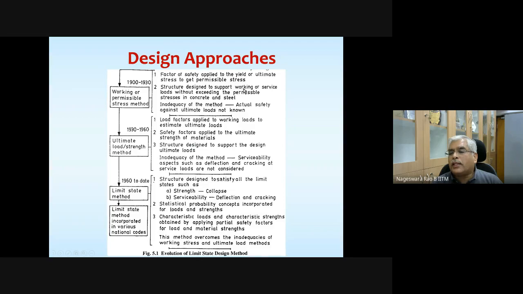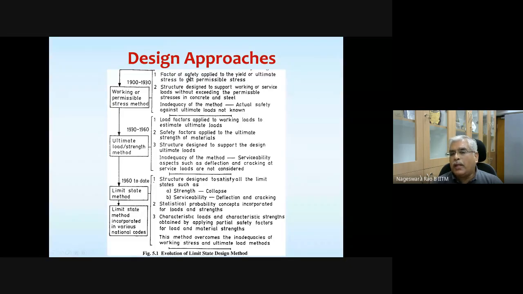Working load or service load means the loads that are going to come on the structure when it is being used. Taking all those loads into account, I want to make sure the stresses generated in the structure are within the permissible values calculated by applying the factor of safety on the yield or ultimate stress of concrete and steel.